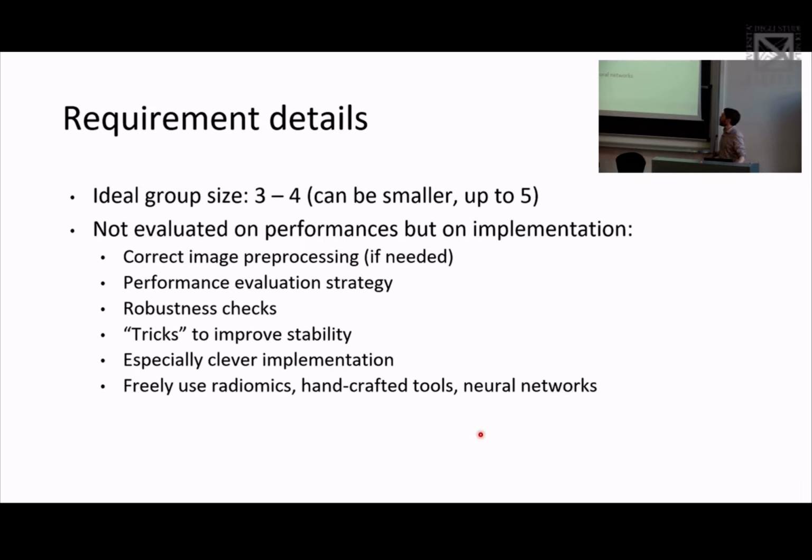You can use whatever tool you want, and you can use some of the things that we've done in class as a starting point or as ideas. Now, I will introduce which data I can provide you.